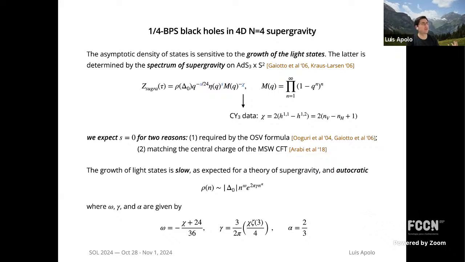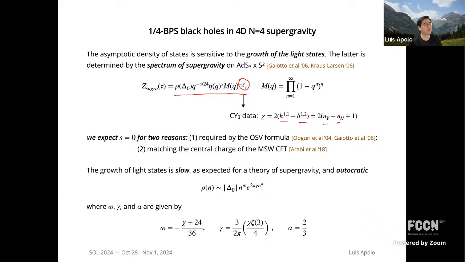And the way that we do it, well, people have computed the spectrum, the contributions of supergravity to this modified elliptic genus, and the formula is given here. There are again some subtleties that I don't have time to explain, but the important point is that the Calabi-Yau data appears here. So it depends on the Hodge numbers of the Calabi-Yau, which can be related to the number of vector and hypermultiplets.